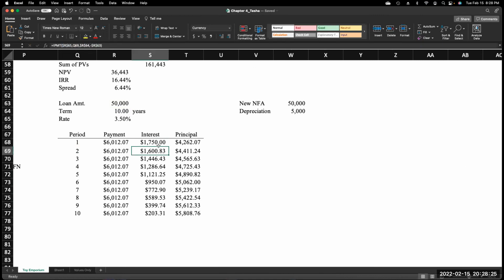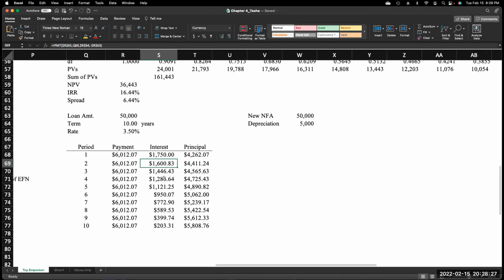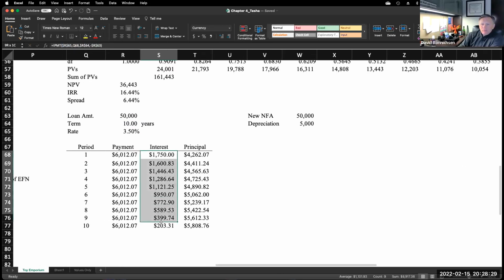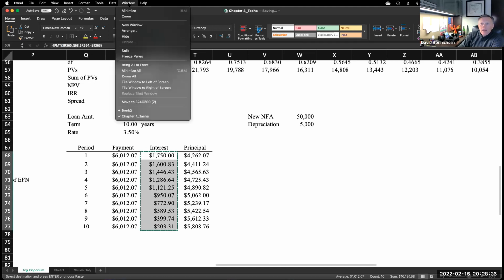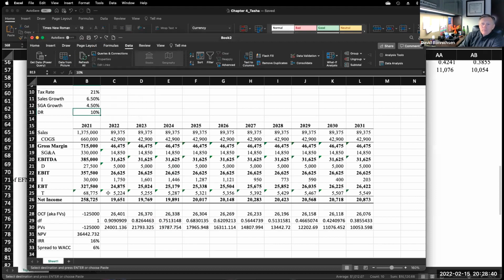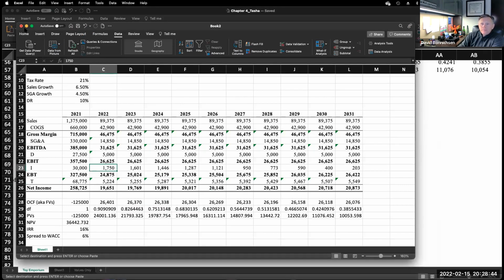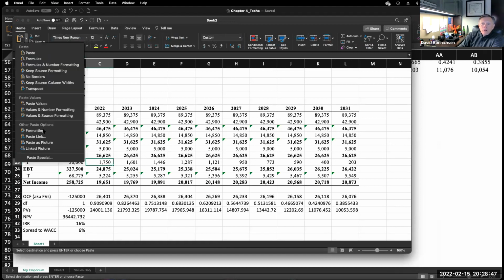And once I got that, I simply took all of the data and I copied it, right? And I went over to the file that I was working in. I selected the first year. Paste special.